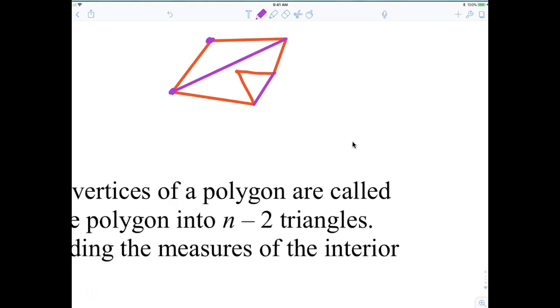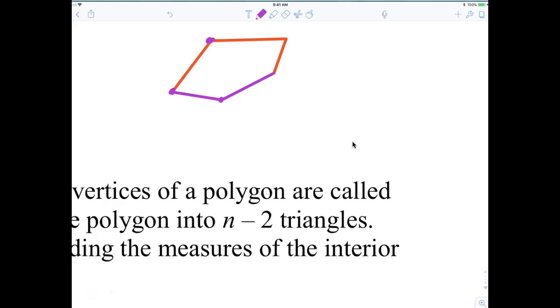If I were to fix this and I were to say this, then this now is considered convex.